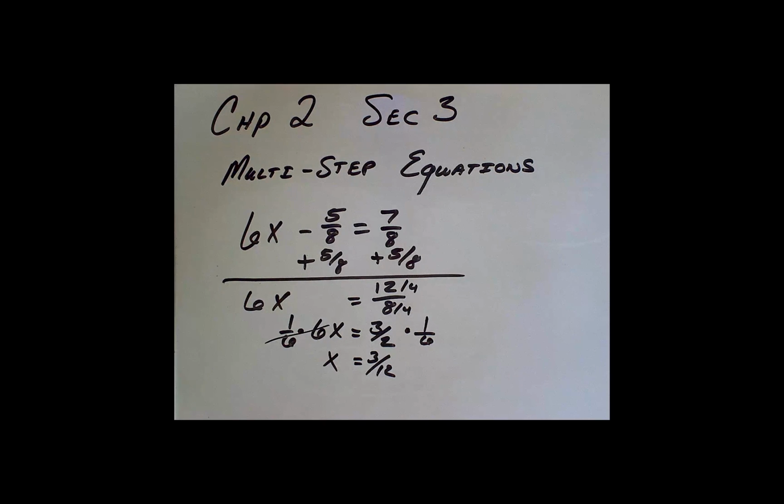No, it's not, because we can reduce this fraction. We know that 3 goes into both of these, so we can divide the top by 3 and the bottom by 3. We're left with x equals 3 divided by 3, which is 1, over 12 divided by 3, which is 4. And we end up with 1/4 as our final answer.